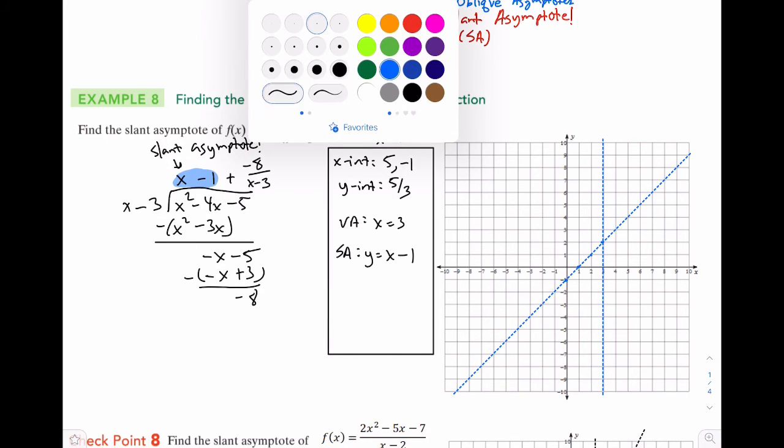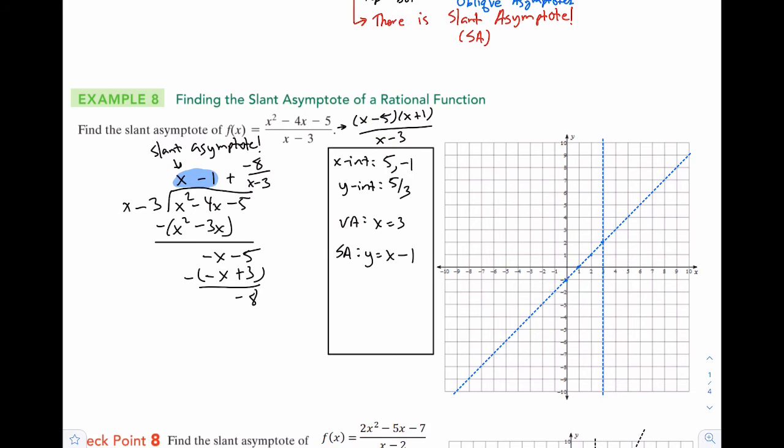Let's put our points down. The x-intercepts are 5 and negative 1. So I have this point right here, 5, 0, negative 1, 0, and the y-intercept of 5 over 3. So that would be 1 2/3, about here. So I'll put 0, 5 over 3. Okay, so notice that's pretty good.